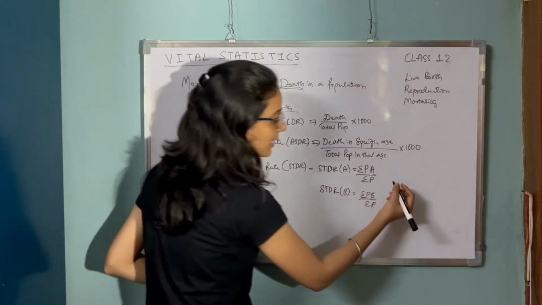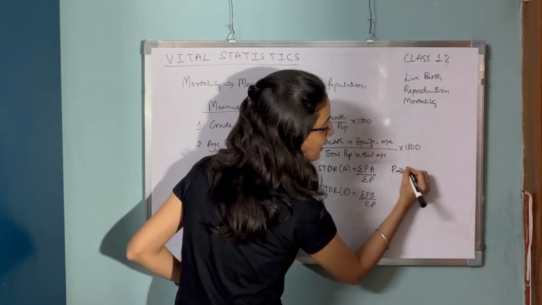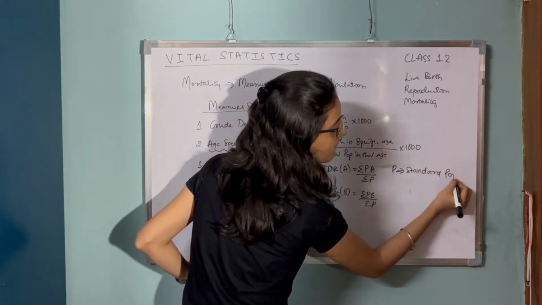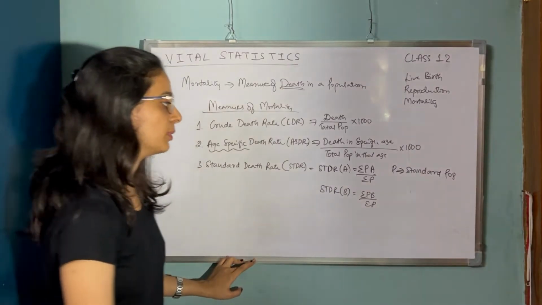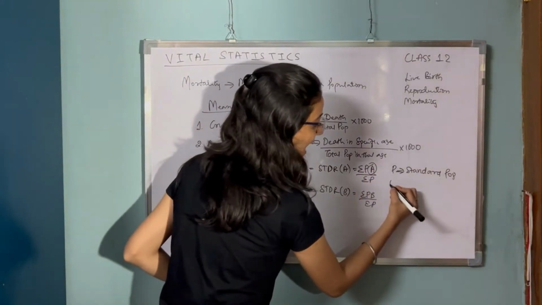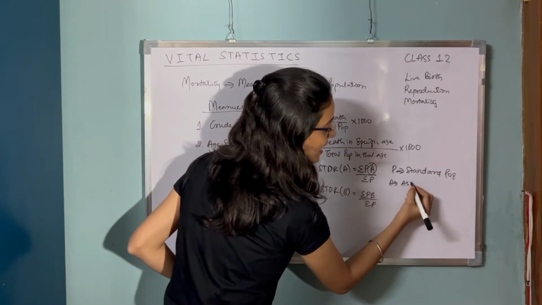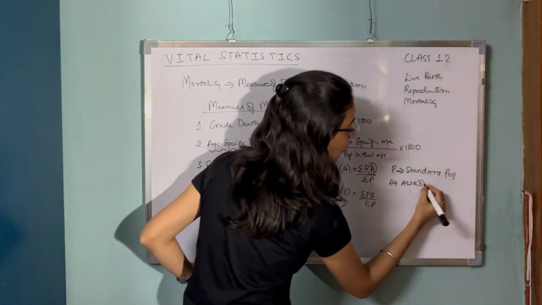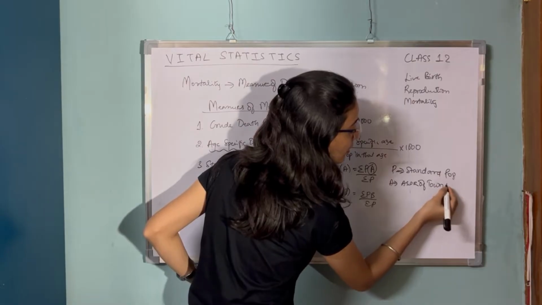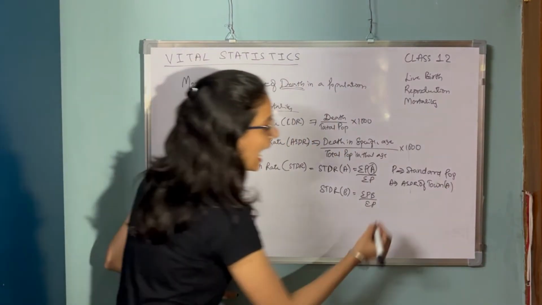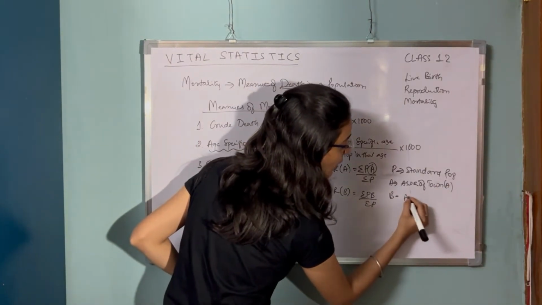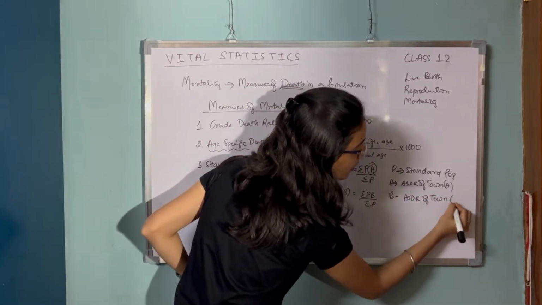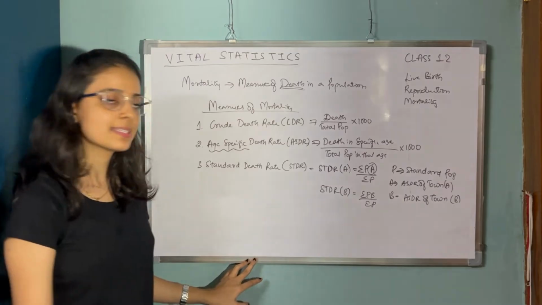What is this P and B? P is nothing but standard population. P stands for standard population, whereas A stands for ASDR of town A, and B stands for ASDR of town B. I hope this is clear.